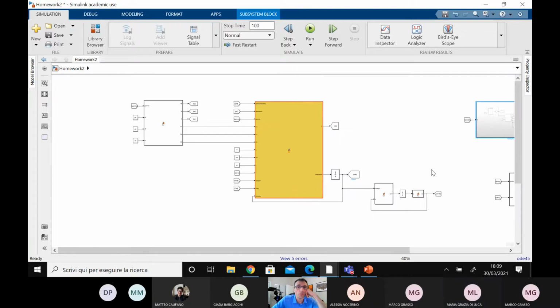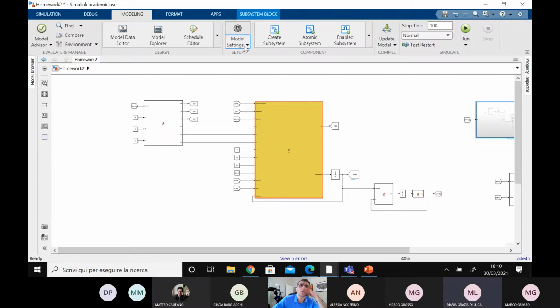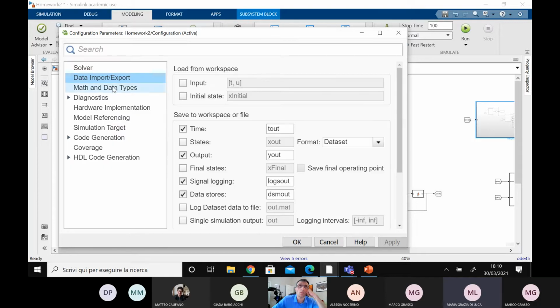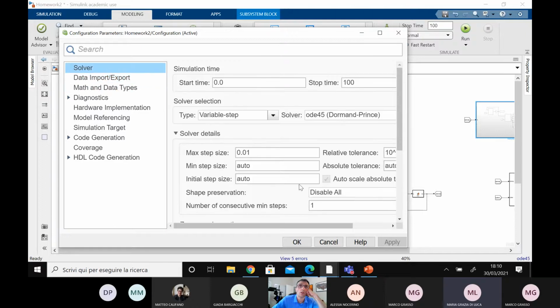Model properties. Now, I wonder if there is some setting in general in Simulink that. By the way, what numerical integrator do you have? The one that we set together. Let me check, but shouldn't matter, but you never know. Solver here.